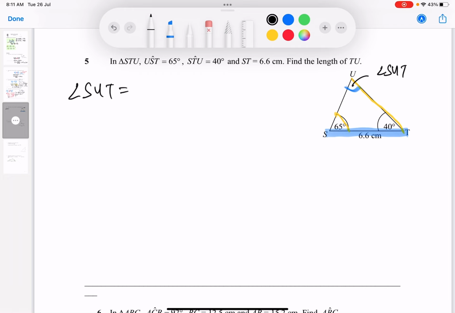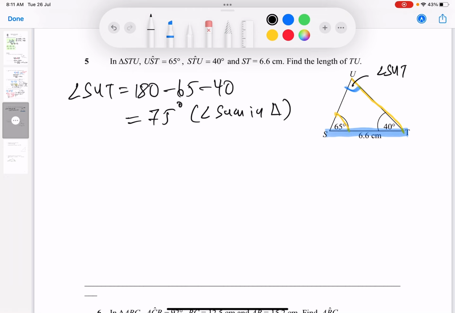So angle SUT would be 180 minus 65 minus 40. Use your calculator. You should find that that gives you 75 degrees. The reason is the angle sum in a triangle, because we know that the angle sum in a triangle adds up to 180.